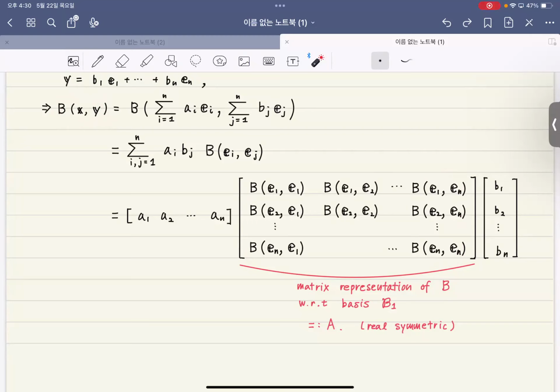So this middle matrix is called the matrix representation of the symmetric bilinear form B with respect to the basis curly B1. And you also have to notice that this middle matrix is a symmetric matrix. Why? Because this bilinear form is symmetric. Therefore, B of e1 and en is always the same as B of en and e1, right? So this middle matrix must always be symmetric. So the idea here is that every symmetric bilinear form can be represented by a real symmetric n by n matrix once the basis has been chosen. Okay.